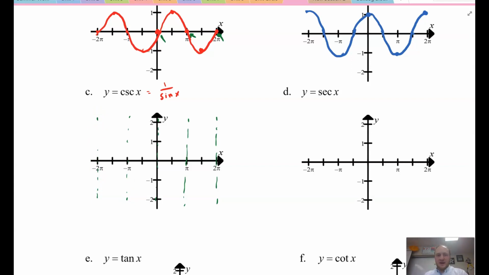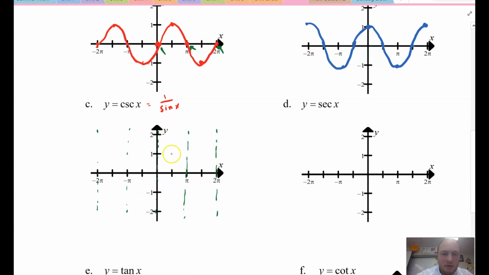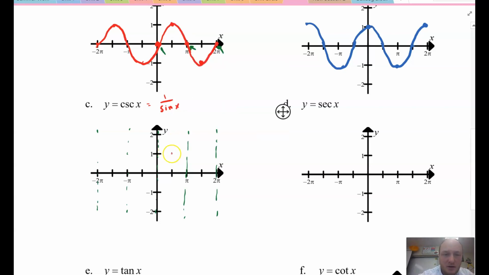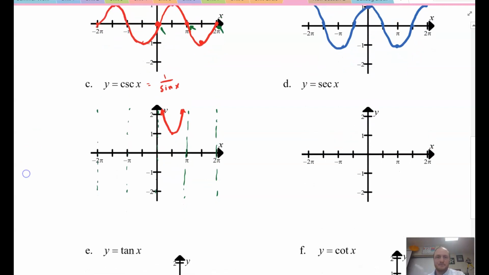And for cosecant of x, at my maximums or minimums of sine, I'm going to have a slope of 0. Anyway, I have a point here and a point there, and it just looks like a parabola. Plain and simple.